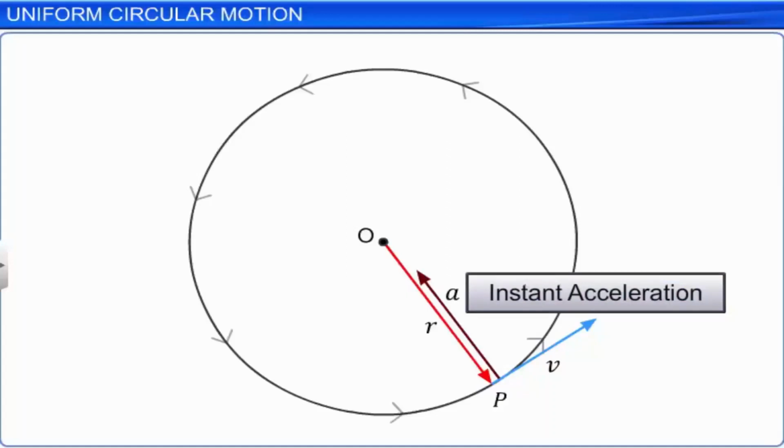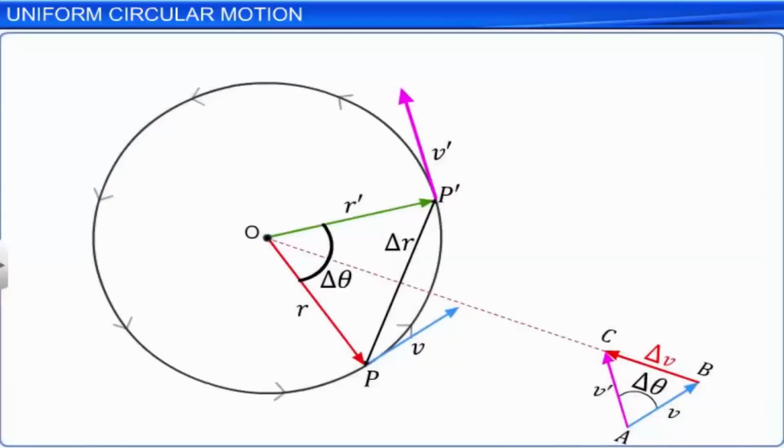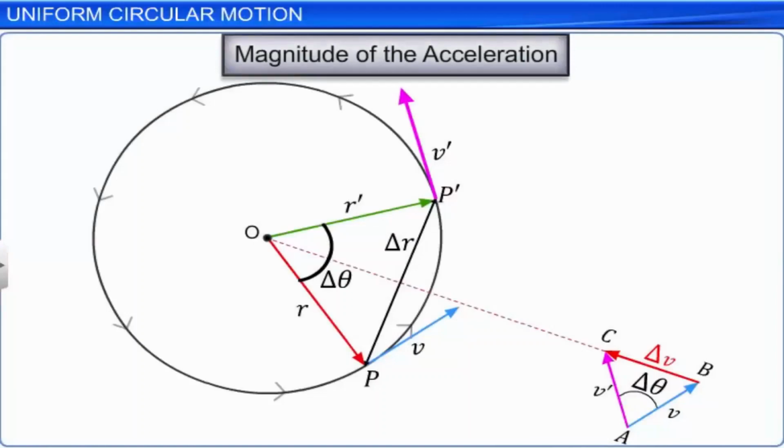As you know, the angle between r and r' is delta theta. As v and v' are perpendicular to r and r', the angle between v and v' is also delta theta. Therefore, triangle OPP' formed by the position vectors and triangle ABC formed by the velocity vectors are similar.